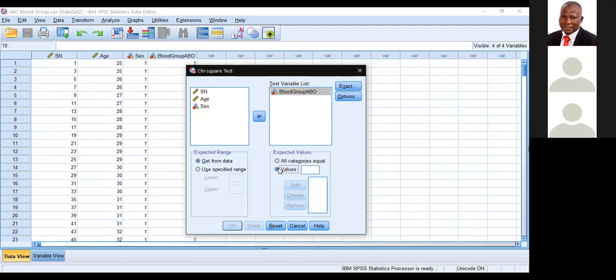If let's say the frequency is equal for all categories, you can just leave it like that and just run it. But the frequency is not equal for the expected. So you now put in the frequencies. You remember, we said one is 63.3, the other one is, let me check, because you need to use hand to put it. Let me share those values.